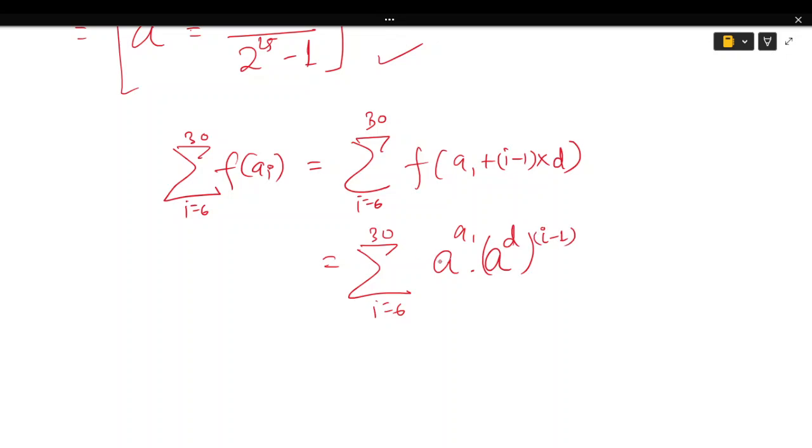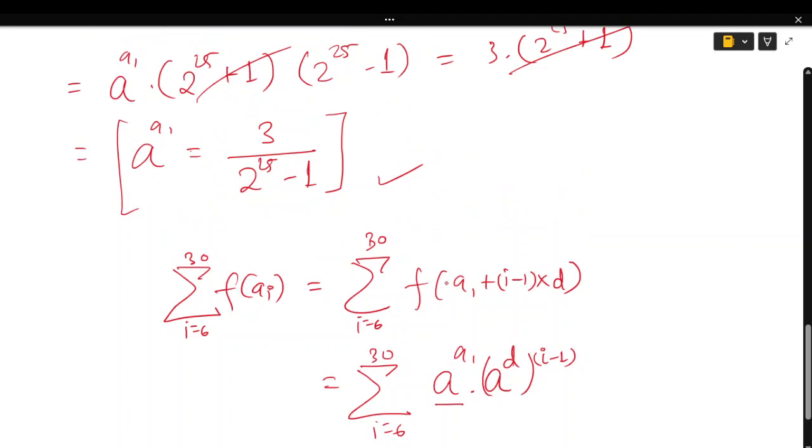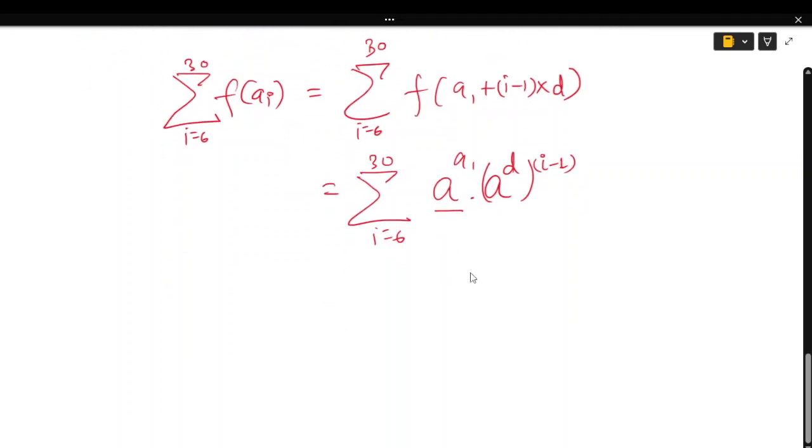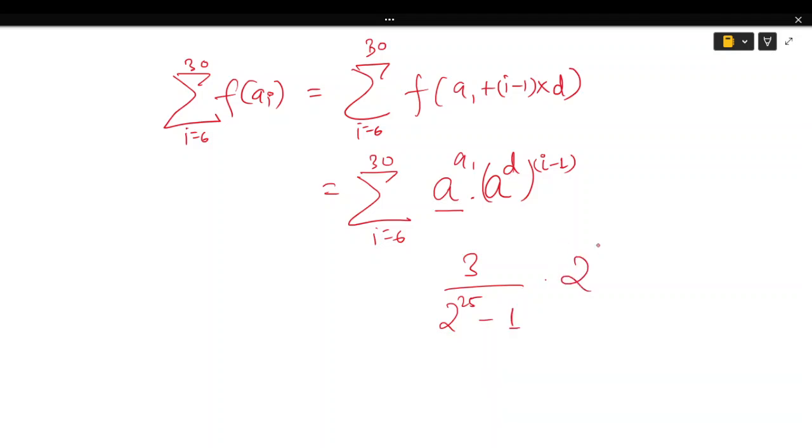Now, what is a to the power a1? We just found it out. It is 3 over 2 to the power 25 minus 1, right? And what is a to the power d? It is 2. Have you forgotten? Since this term a to the power a1 is a constant, we can take it out of the summation. So the summation will only be applied to this.